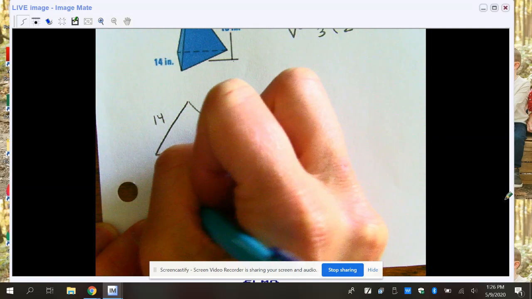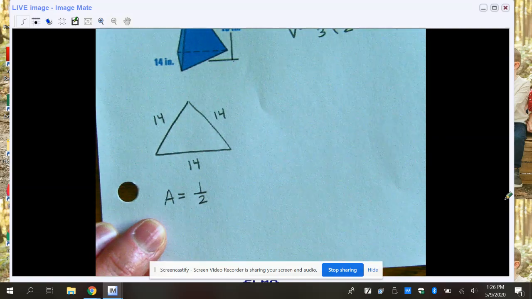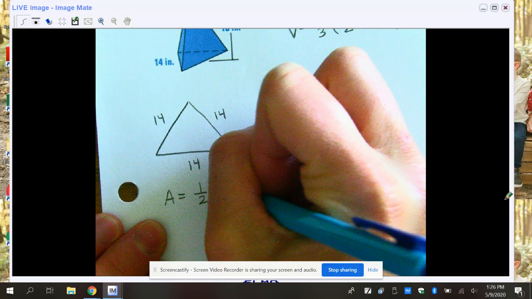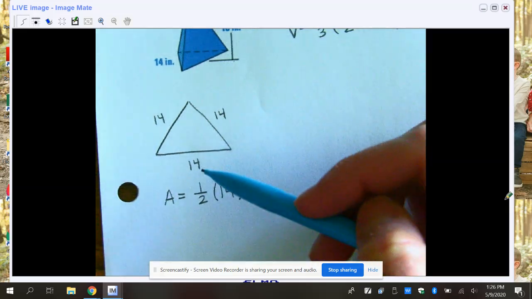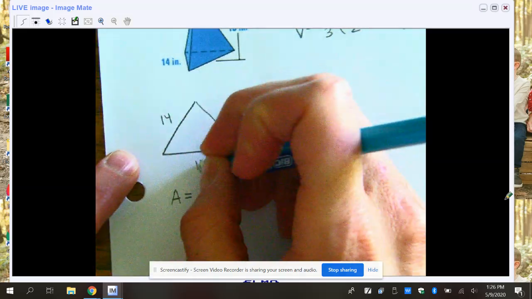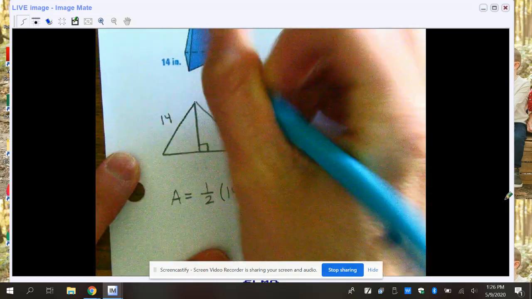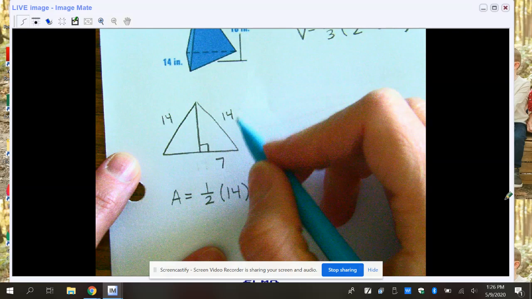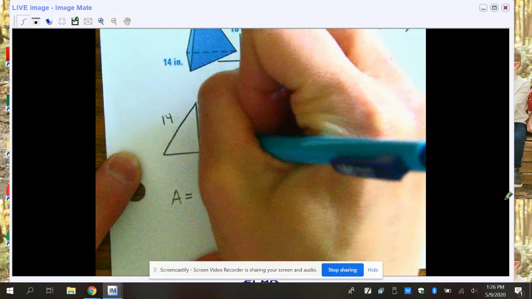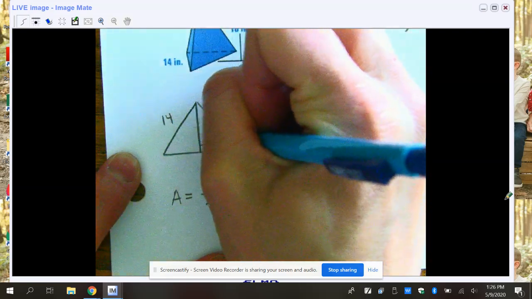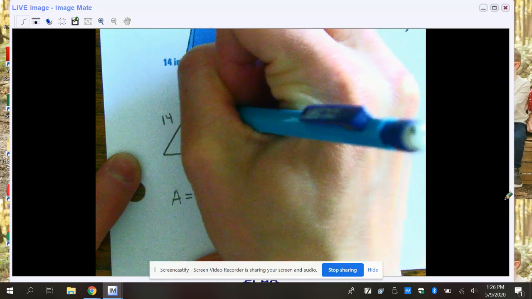Okay, so I drew my base out separately here. So I'm going to find the area of that. So 1/2 times the base. Now I don't know the height, but because this is equilateral, that means that this is a special right triangle. This is going to be a 60-degree angle right here.